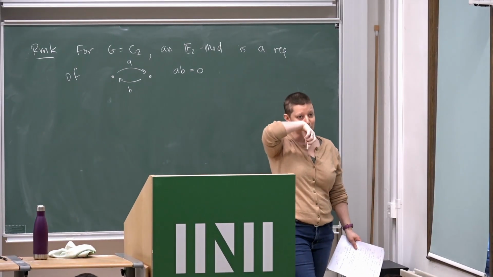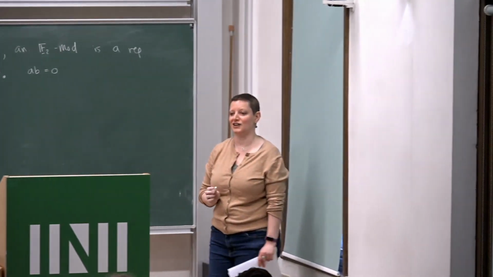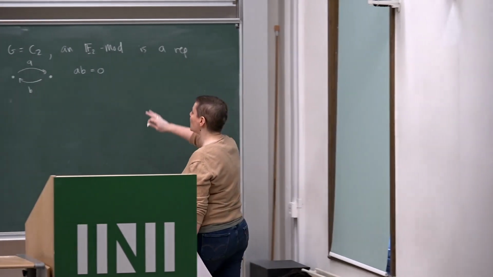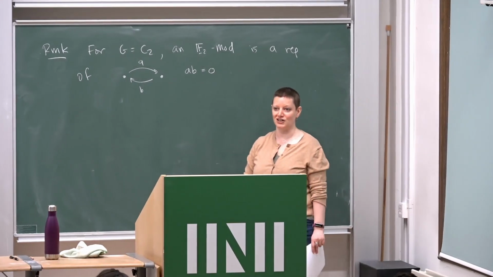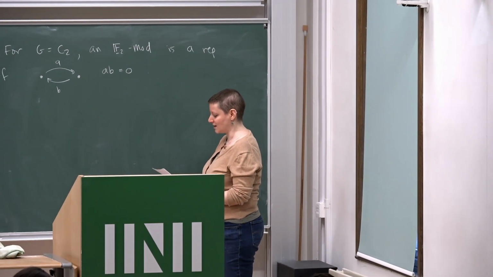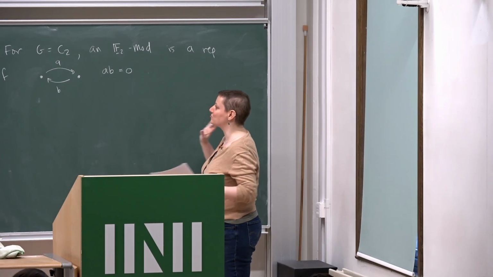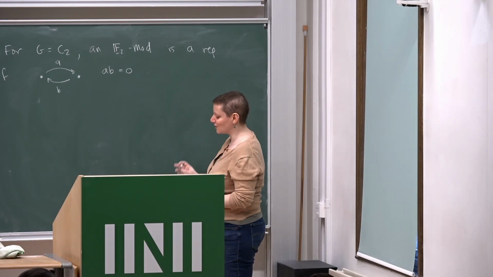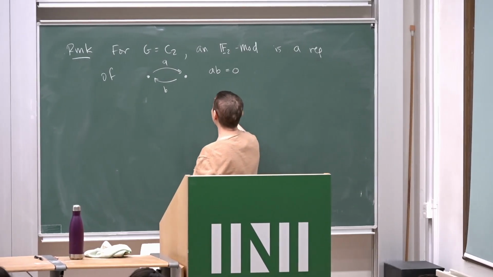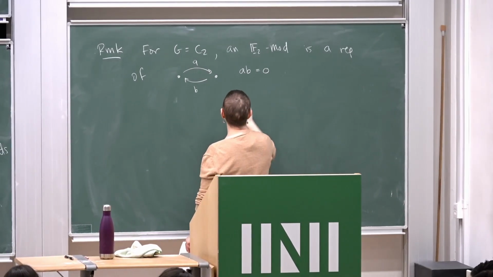So this is an additional relation to the Mackey functor relation that we saw before. This is really because it's a cohomological Mackey functor, and so this is one extra relation on top of the ones that I wrote down. But in any case, you can boil down the data of an F2 underline module to a representation of such a bound quiver.